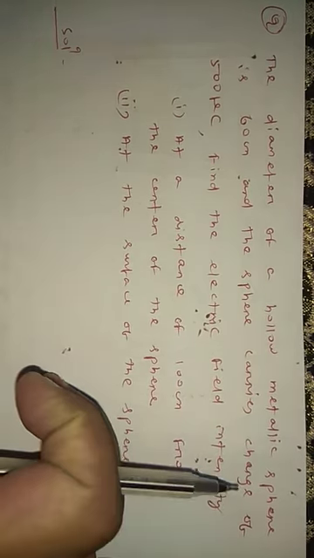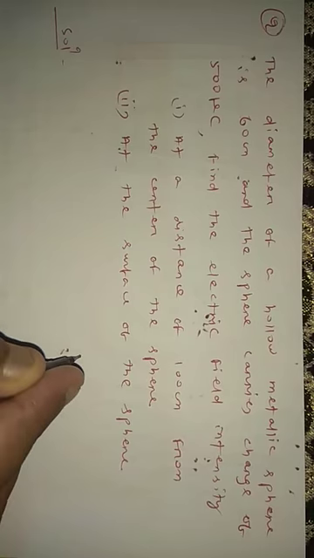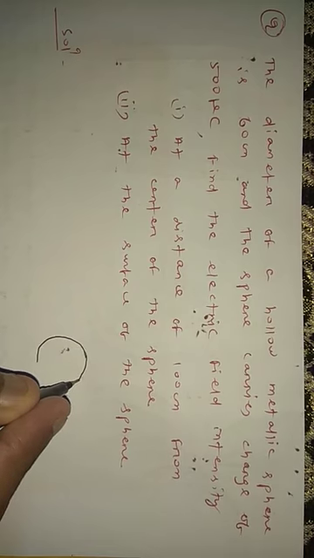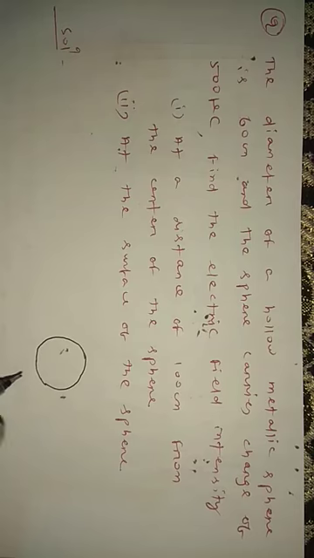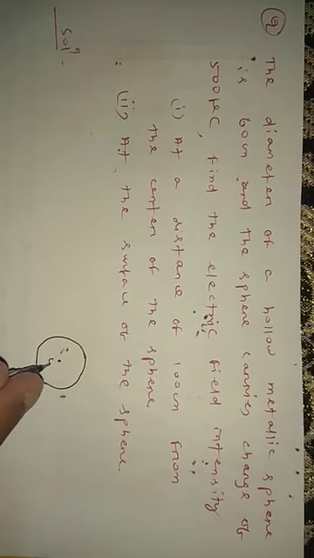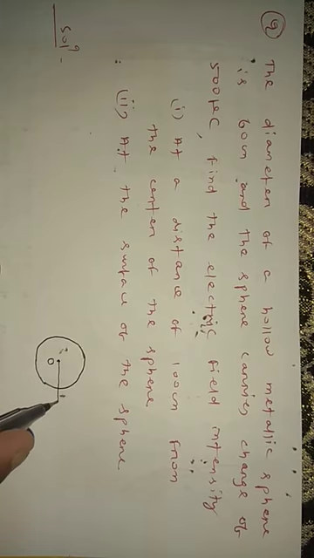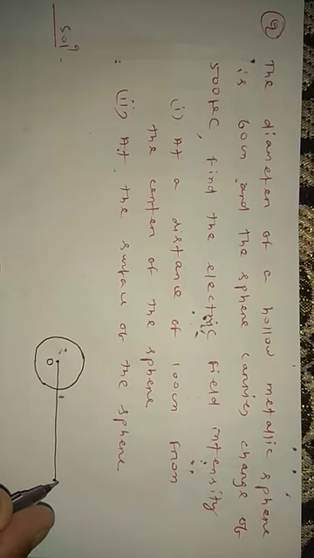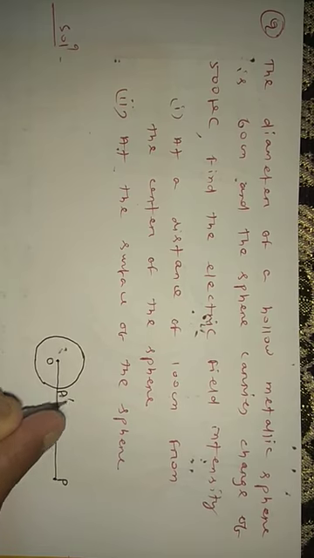Suppose this is a hollow metallic sphere. This is point P and this is point P prime.